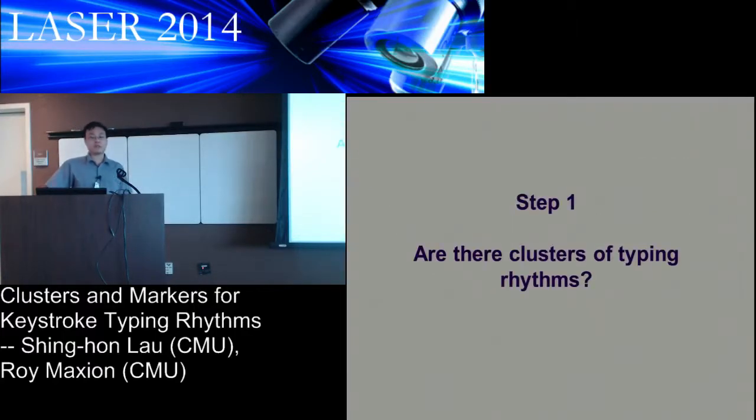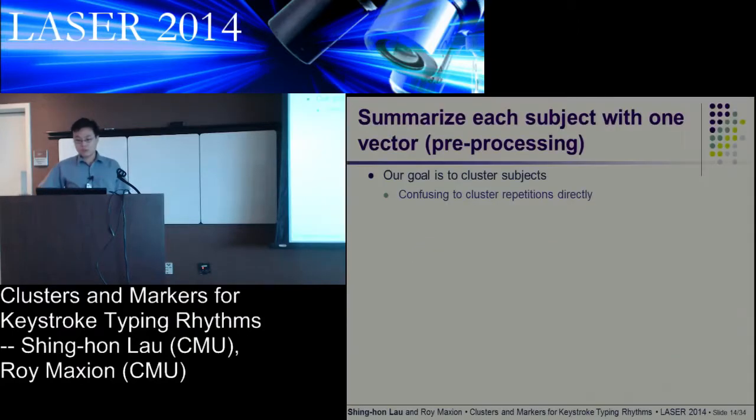So that brings me to the first part. Are there clusters of typing rhythms? Remember that our goal is to cluster our subjects. It would be a bit confusing to directly cluster the repetitions that these subjects produce, because we might have a case where we have 50 repetitions from each person, 25 end up in cluster A, 25 end up in cluster B, and now which cluster does this subject belong to?